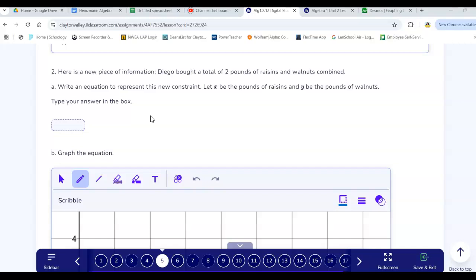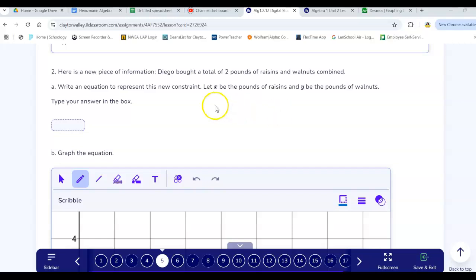So now here's a new piece of information. Okay? Diego bought a total of 2 pounds of raisins and walnuts combined. So are they talking about money anymore, young people? No, they are not. This is an equation about the same situation, but it's looking at total weight of the raisins and the walnuts as opposed to the cost of the raisins and the walnuts.